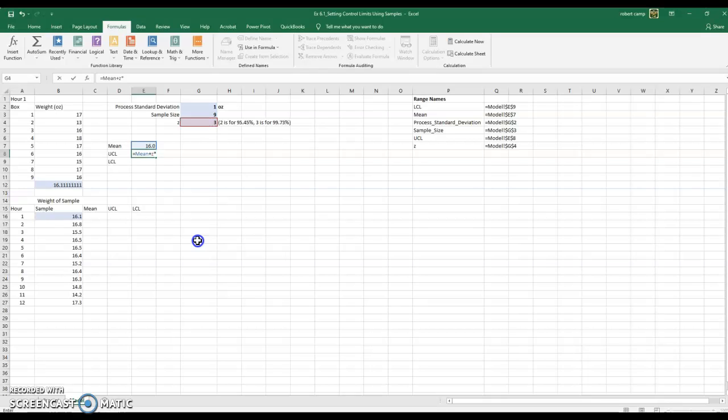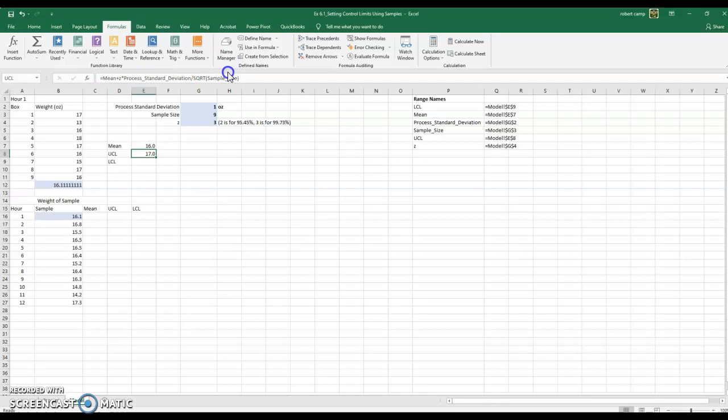And then we're going to multiply that by our process standard deviation. And then I want to divide that by the square root of my sample size. Okay, and so I'll hit enter. And so our upper control limit in this case is going to be 17 ounces. The nice thing about this is the only difference between the upper control limit and the lower control limit equation is the lower control limit is the minus.